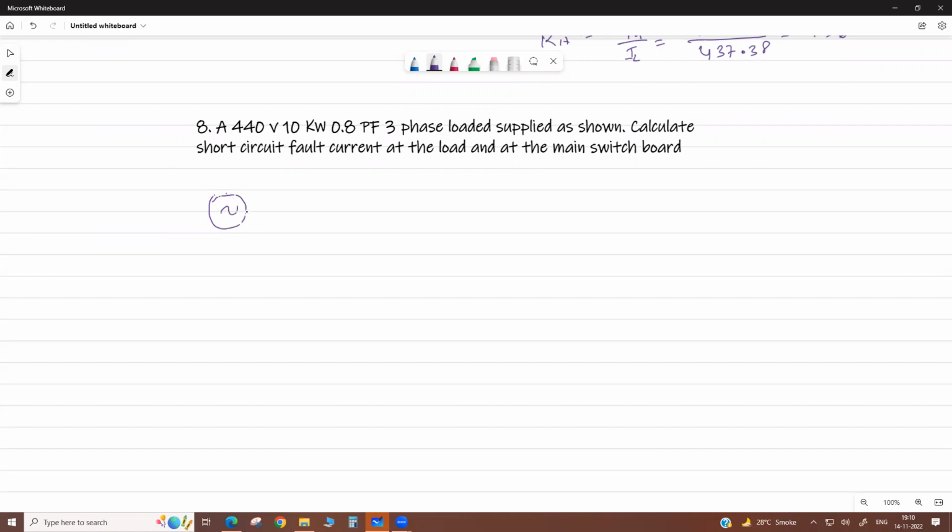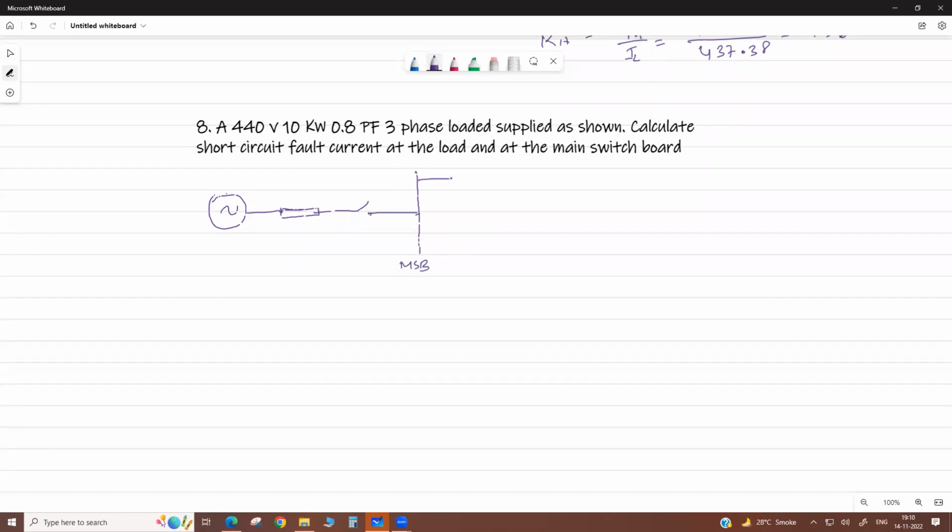This alternator supplies the load. There is a cable, and this cable has a resistance. Then it feeds your MSB, main switchboard. There are a lot of feeders from the MSB.